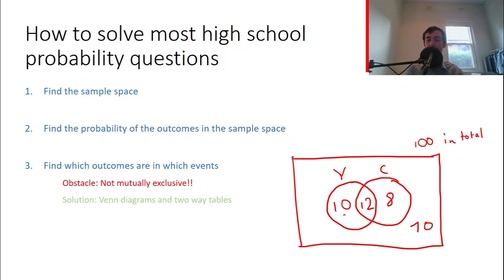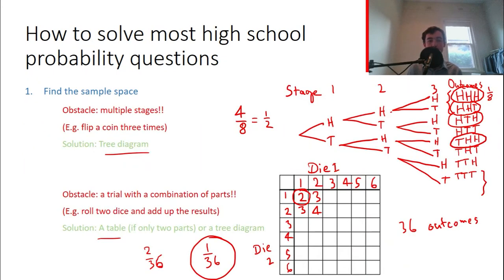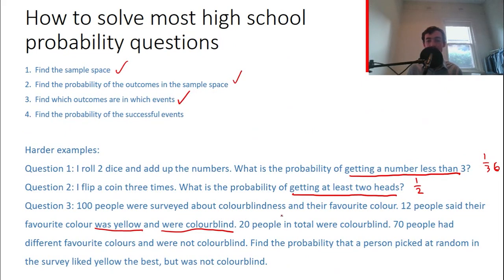So that would be this section over here. And we know there's 100 in total, so the successful outcomes, there's 10 of them, and the total outcomes is 100. So the answer is 10 over 100, which you simplify to 1/10.